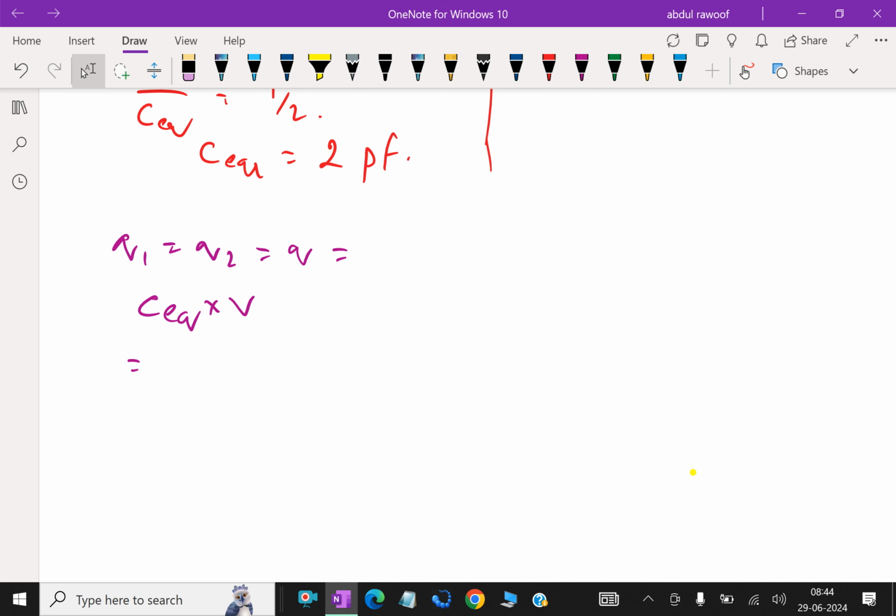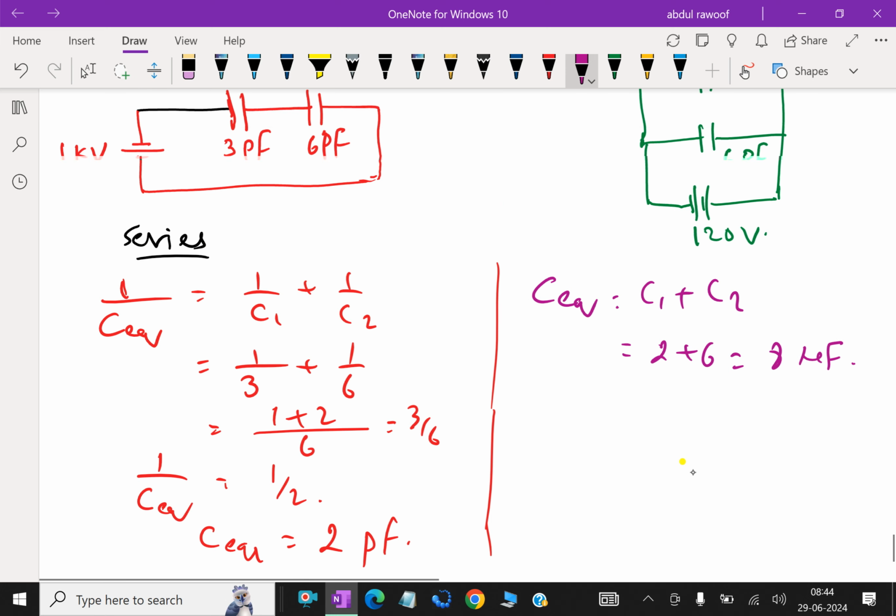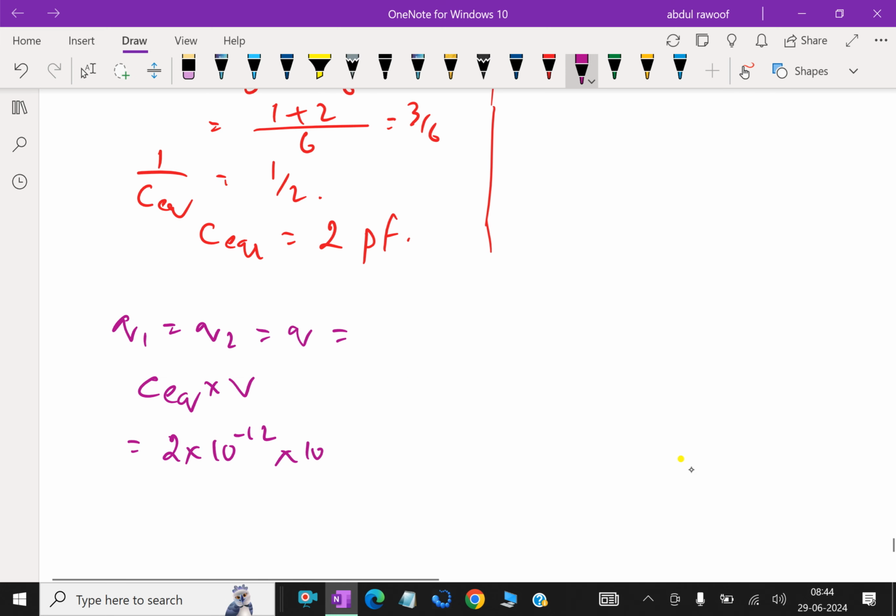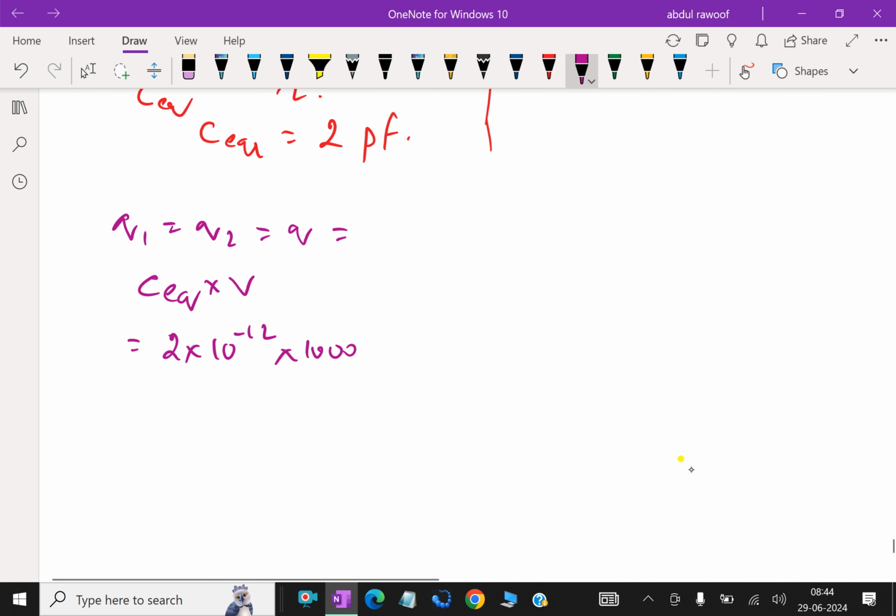C equivalent is 2 microfarad, that is 2 into 10 power minus 6 farad, into 1 kilovolt, which means 1000 volt, which is equal to 2 nanocoulombs.